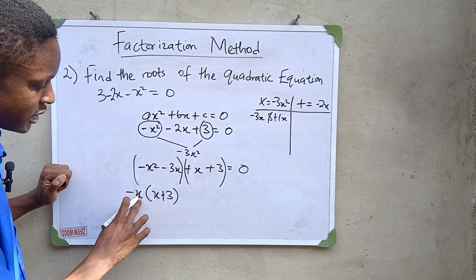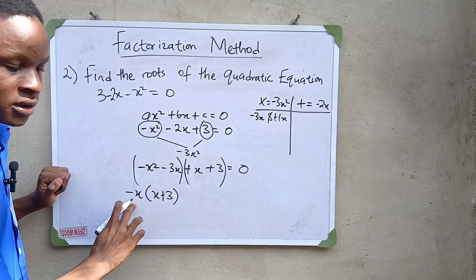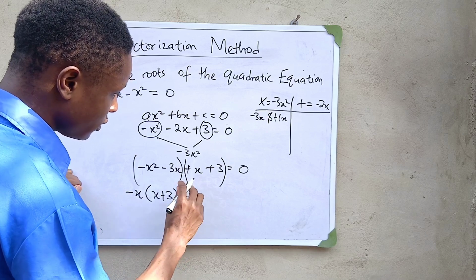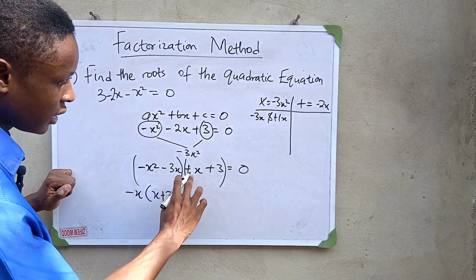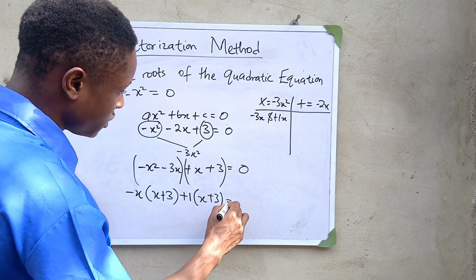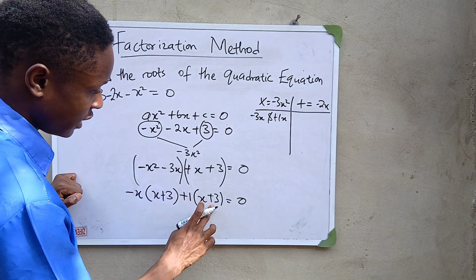Because if minus x goes into this, we'll have this. So we just brought out what is common. Then plus 1: what is common here is 1, because if 1 goes here, we still have the same thing, into x plus 3 equal to 0. So we have the same thing here, x plus 3 and x plus 3.